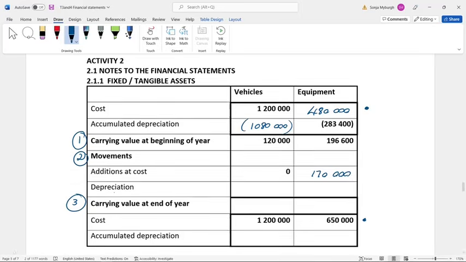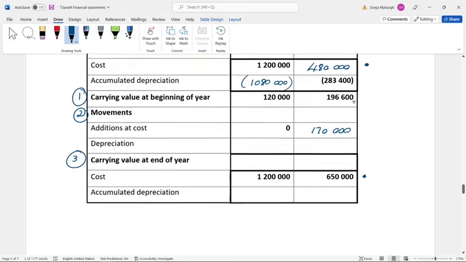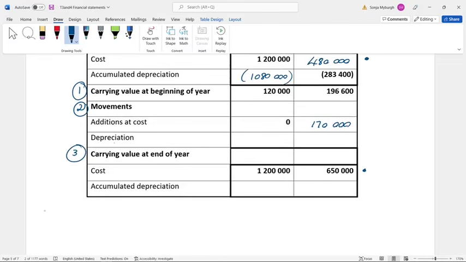Vehicles, they said that we write off depreciation on vehicles 15% per annum on the cost price. Vehicles, cost price given 1.2 million at 15%, 180,000.